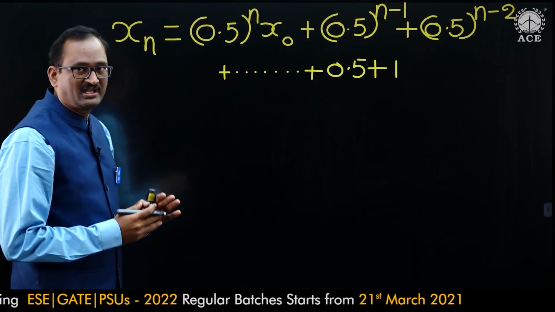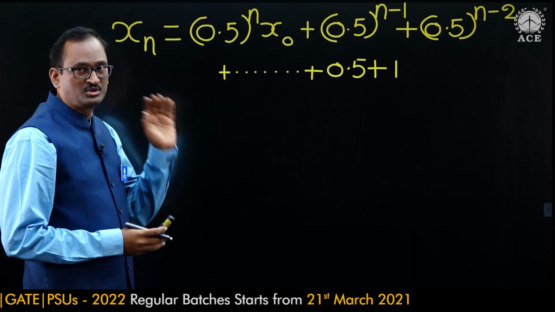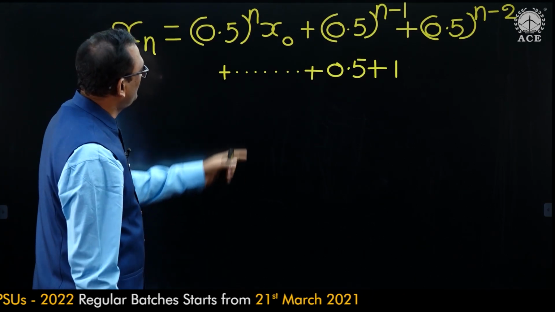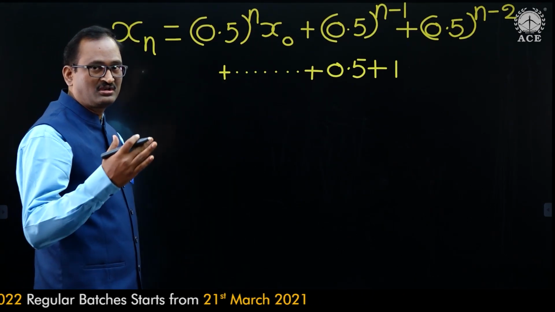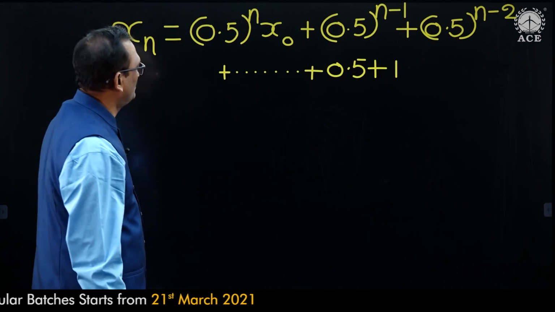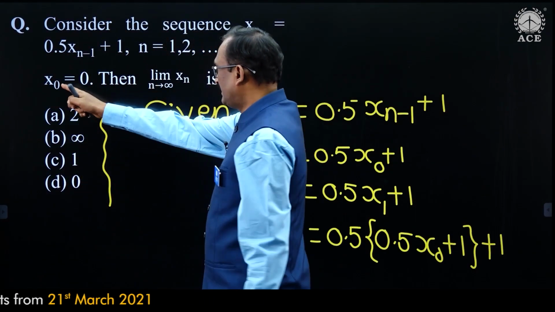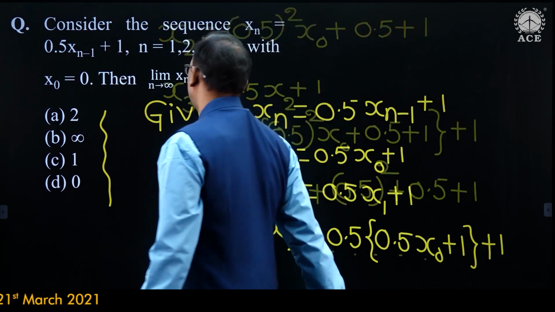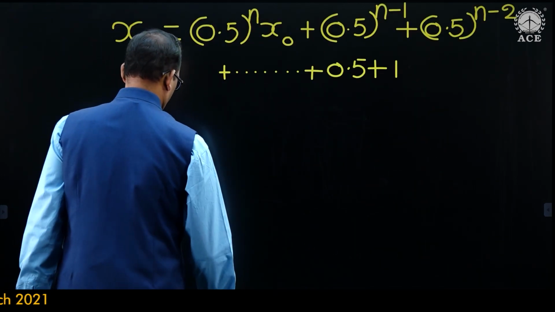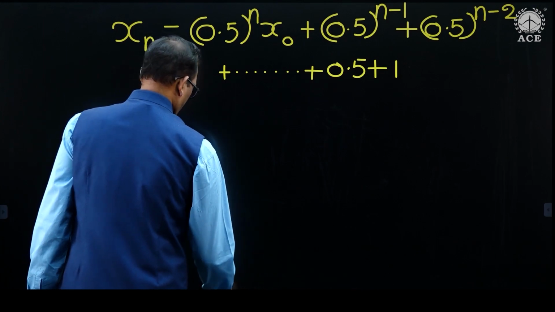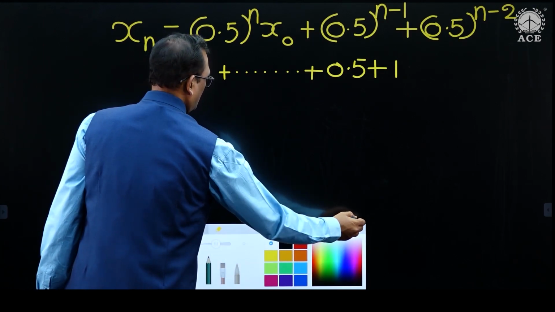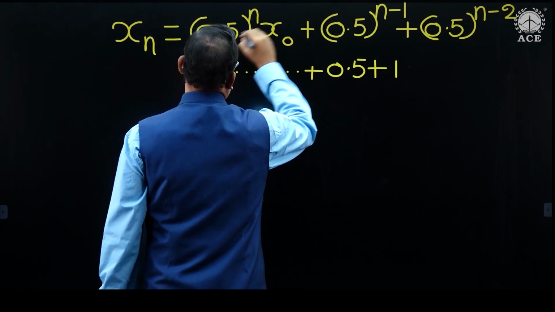Now let us take limit n tends to infinity on both sides. Before that, the x0 value was already given to be 0, so this part is 0.